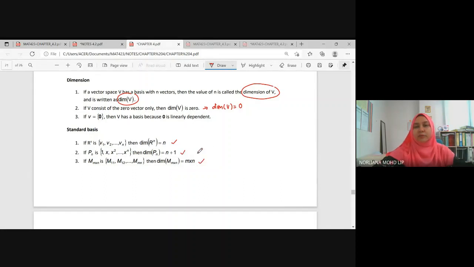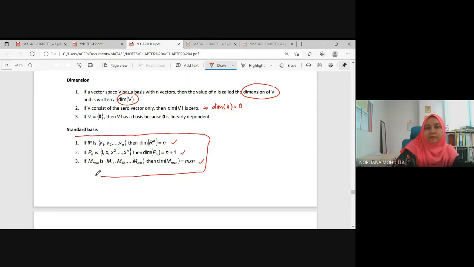It depends on number of row times number of column. So yang ni you perlu ingatlah dia punya dimension depend on types of a vector. Ni penting yang ni. And for Rn and dimension polynomial n plus 1, dimension for matrix m times n. Ini kita akan gunakan untuk next subtopic nanti.